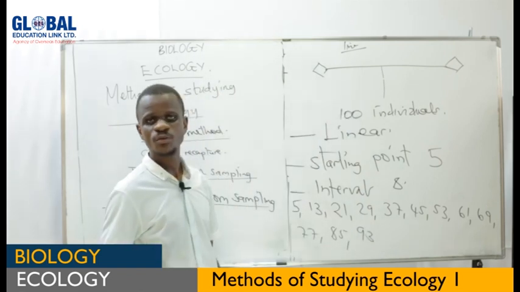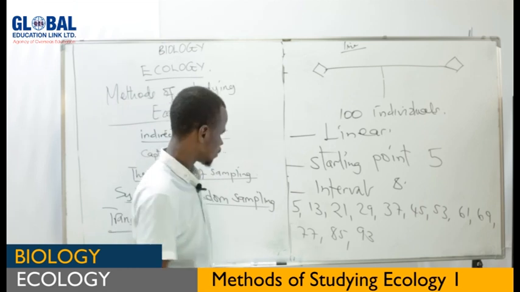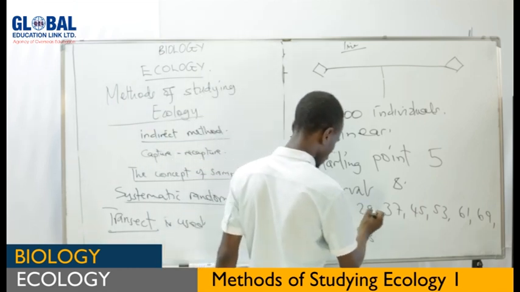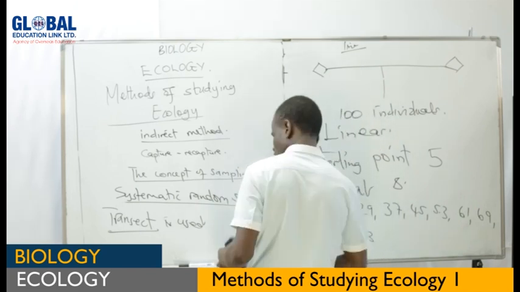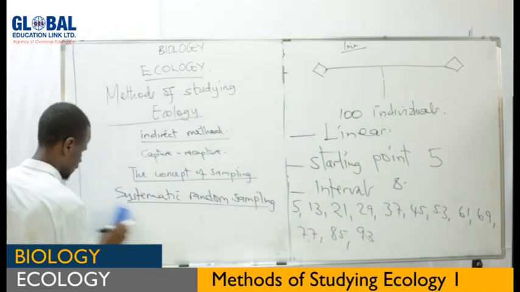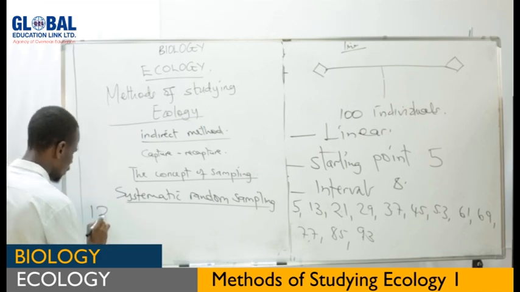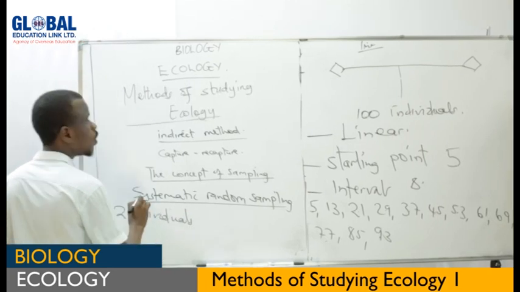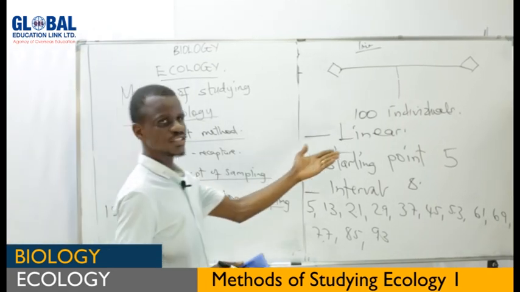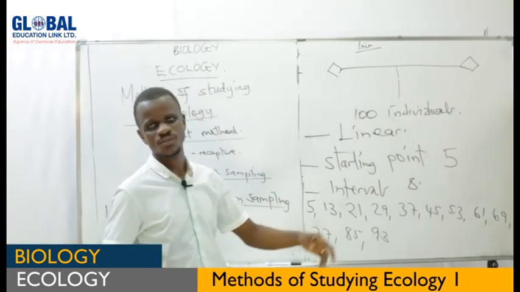How many individuals are there in your sample? Let us count. 1, 2, 3, 4, 5, 6, 7, 8, 9, 10, 11, 12. Therefore, from 100, we have only 12 individuals which will represent 100 individuals.